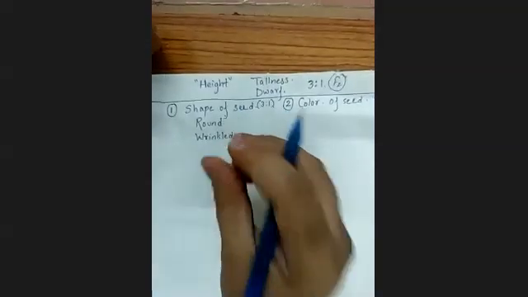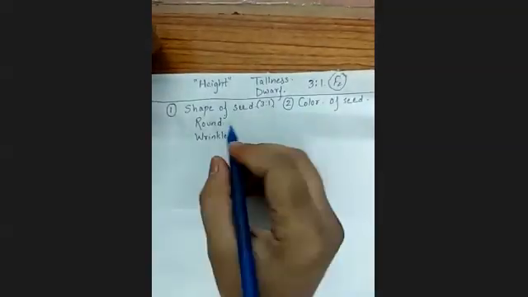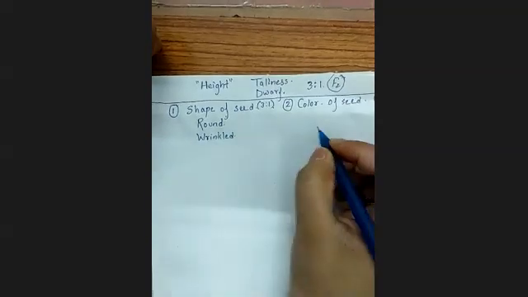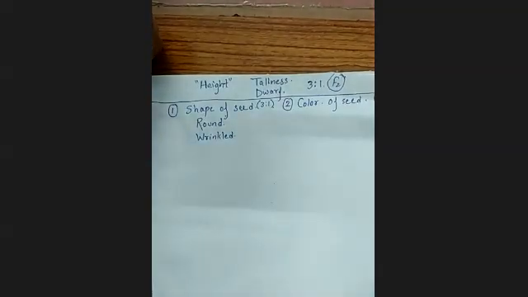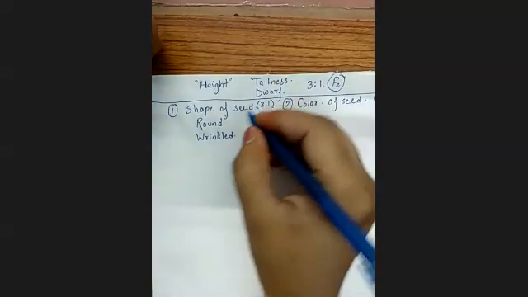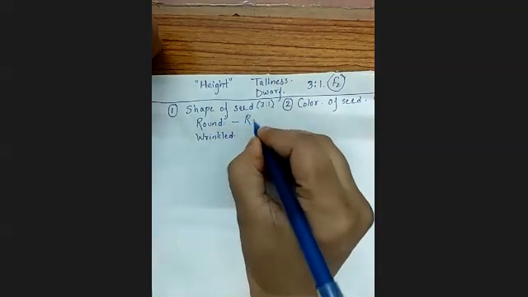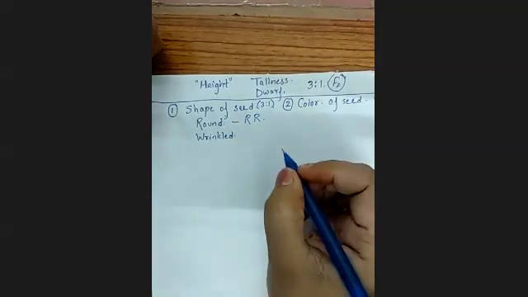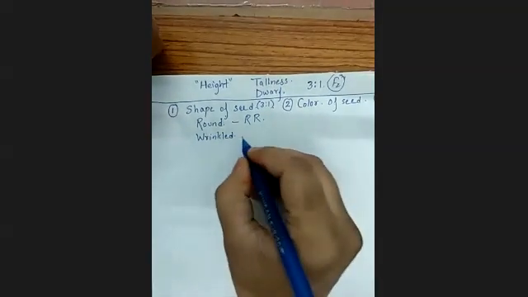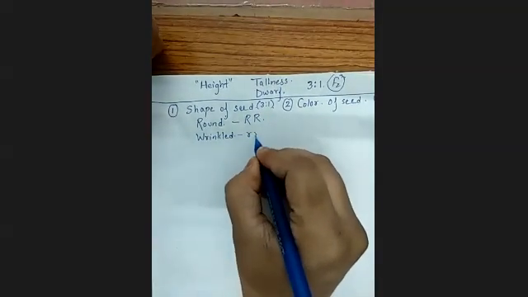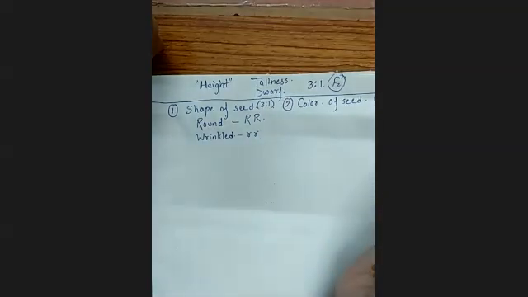Round, proper big seeds, were the dominating character, so he took R R. And for wrinkled he took the small letter r, because it was a recessive one.